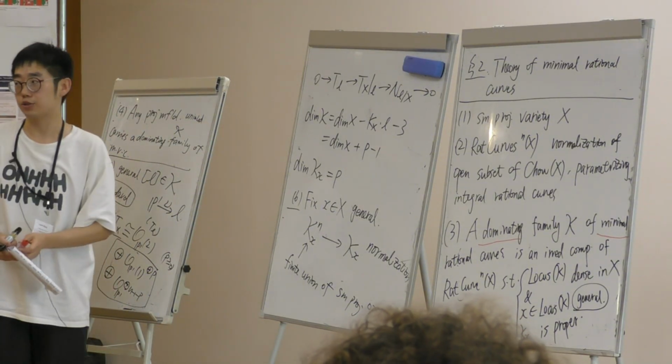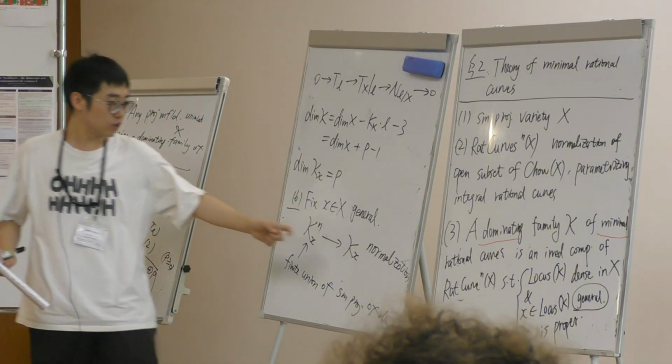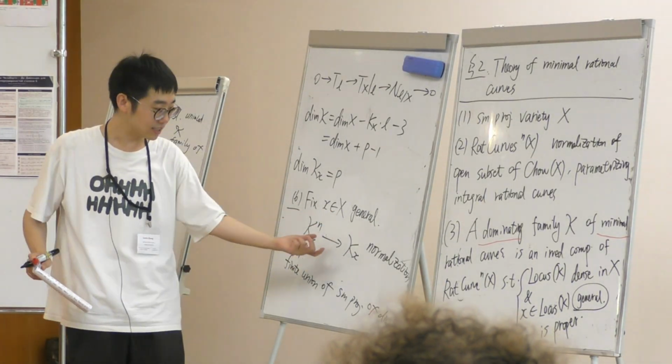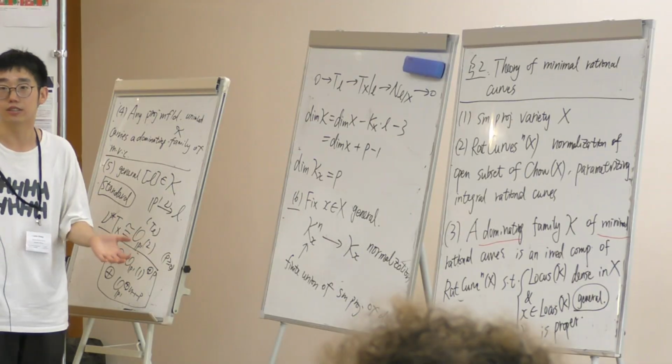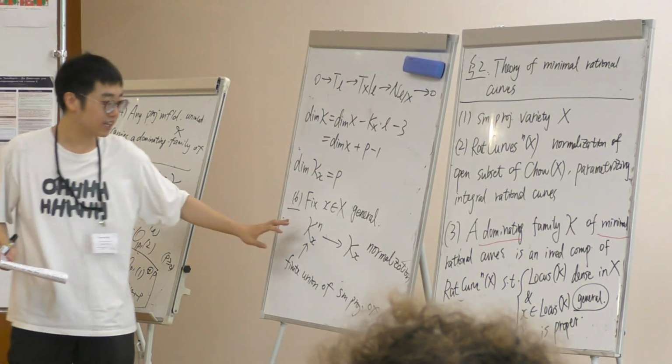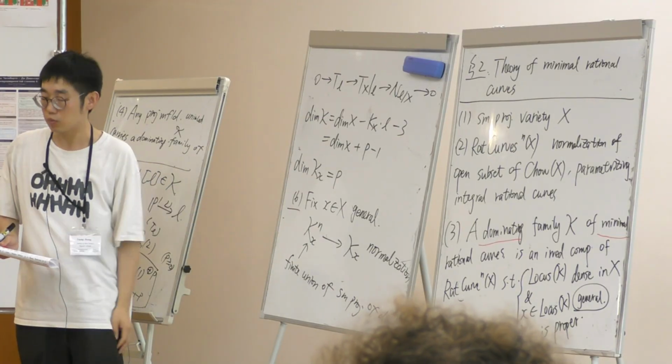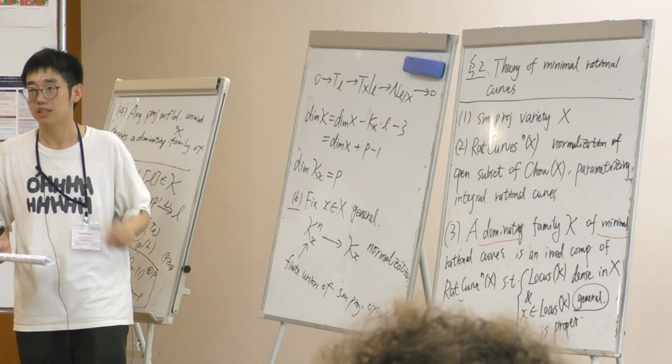Why is this true? Because we take a very general point X, so that Kx has good conditions. After taking normalization, there are several pieces, and they are smooth projective varieties of dimension p.